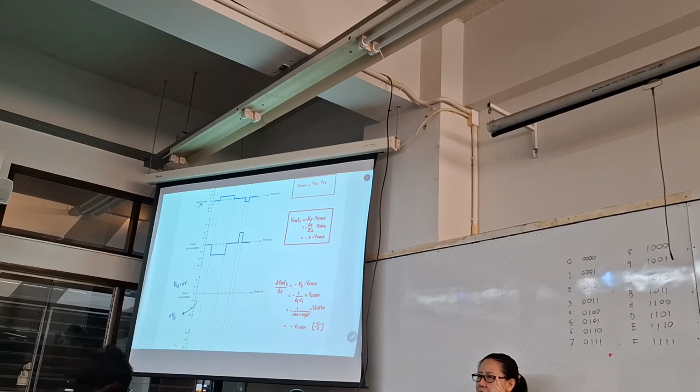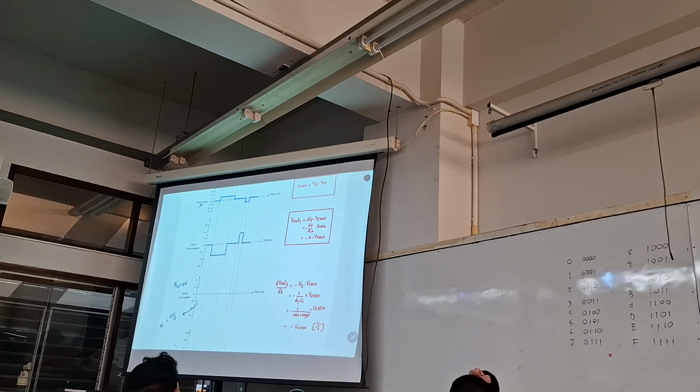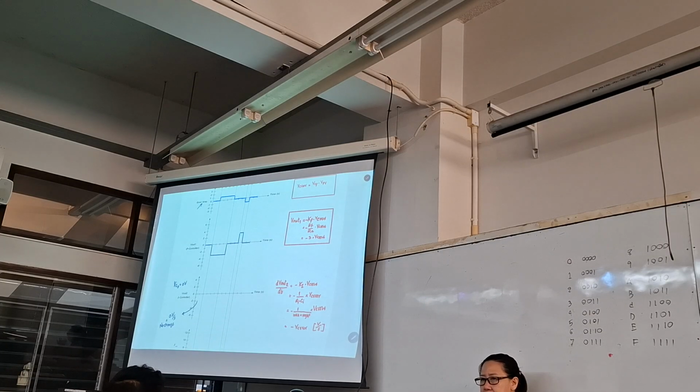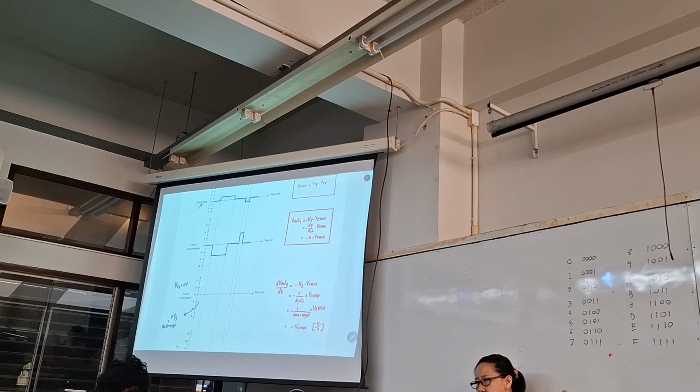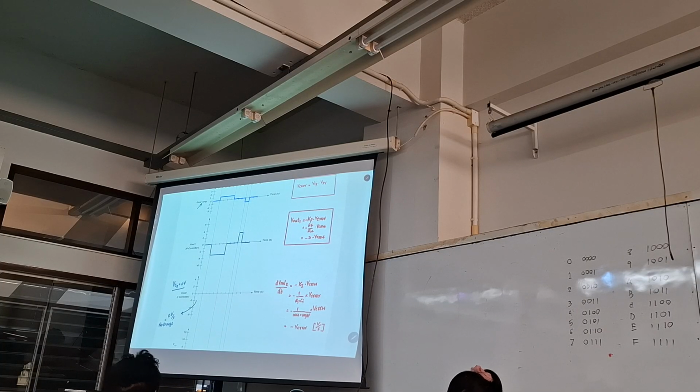That is the meaning of 0 volt per second: no change. No voltage change anymore. It also depends on the previous voltage. So now the previous voltage is 0, then we get 0.